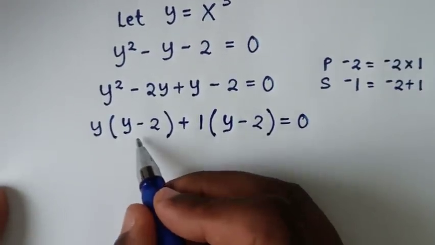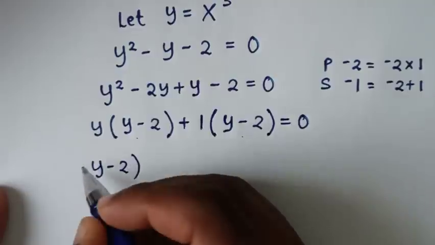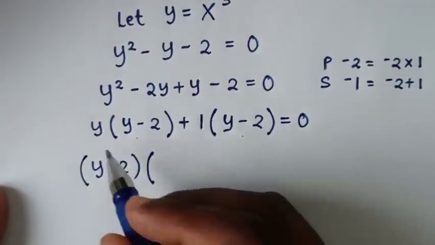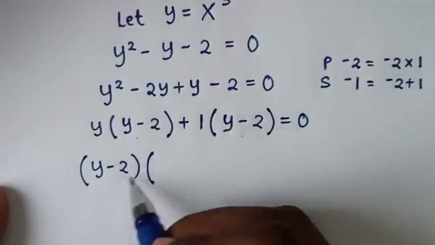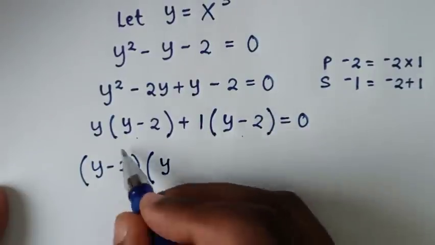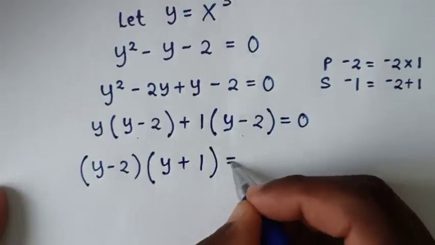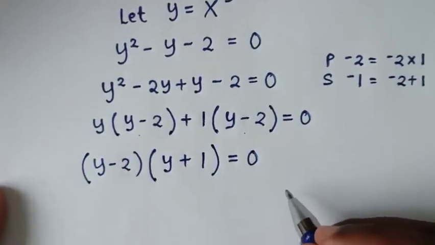Then from here, y minus 2 is common, so we'll take y minus 2 out of the bracket. This divided by y minus 2 is y, and this divided by y minus 2 is 1. So it will be plus 1, bracket, is equal to 0.